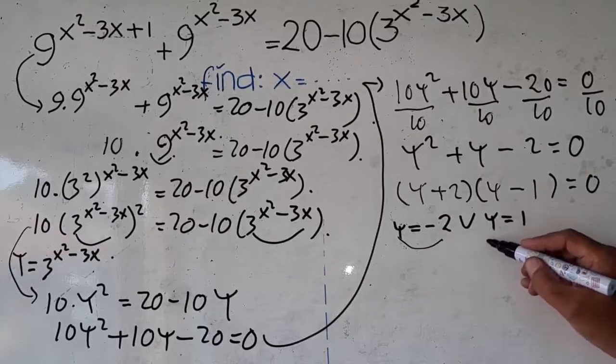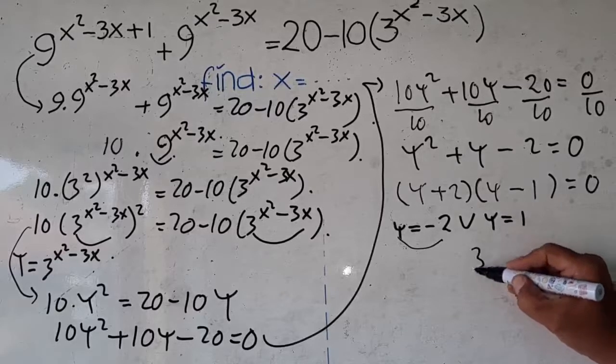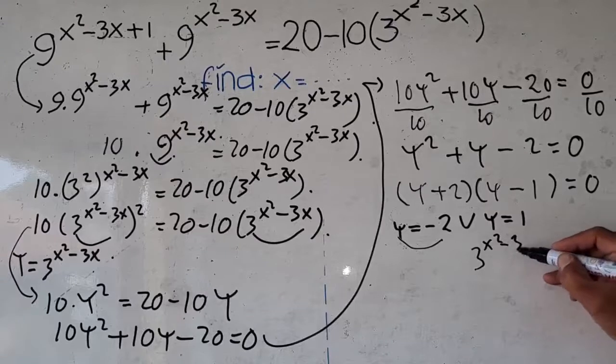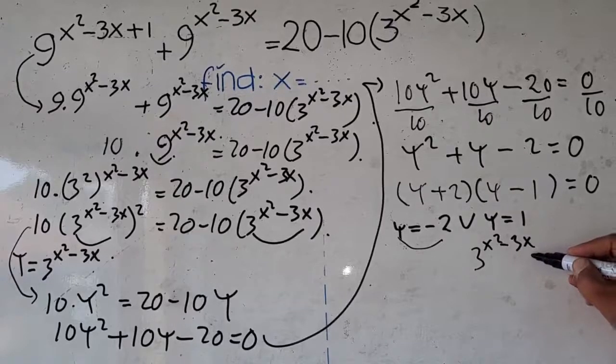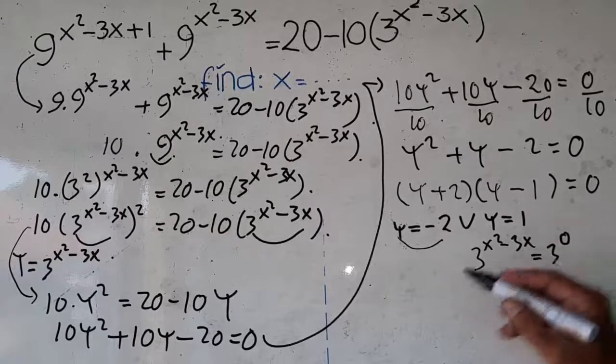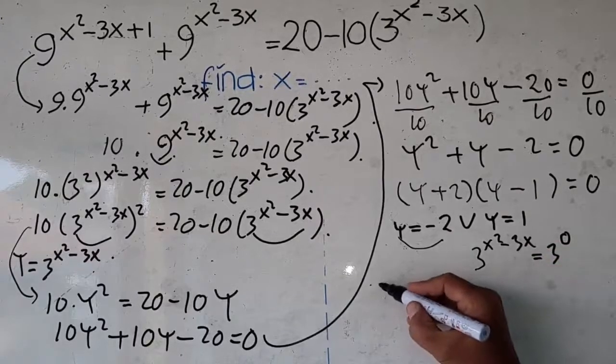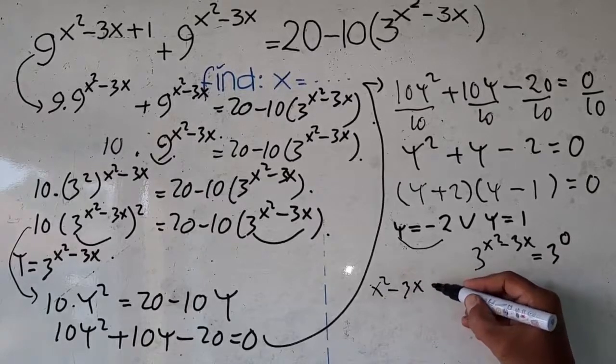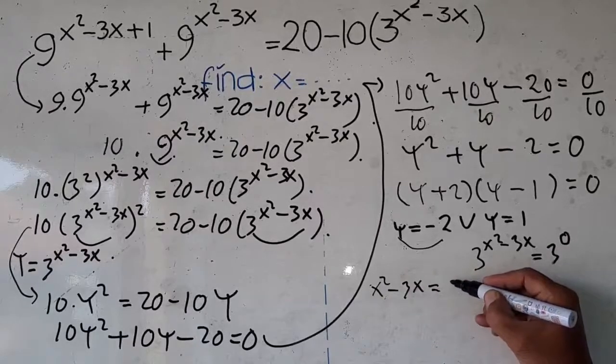Replace y with 3 power x square minus 3x equal 3 power 0. So that x square minus 3x equal 0.